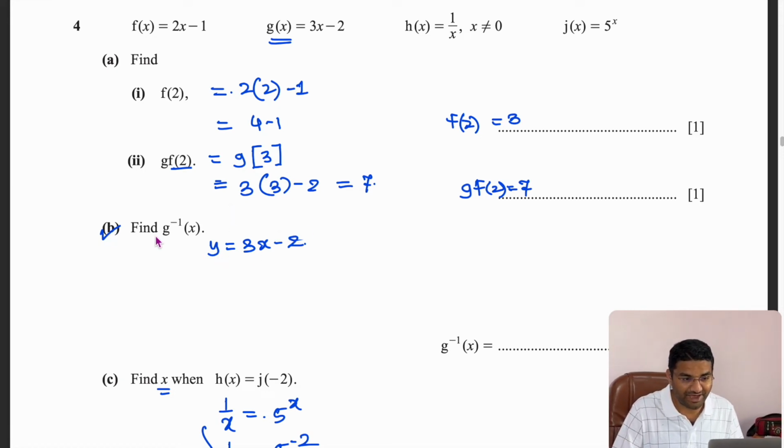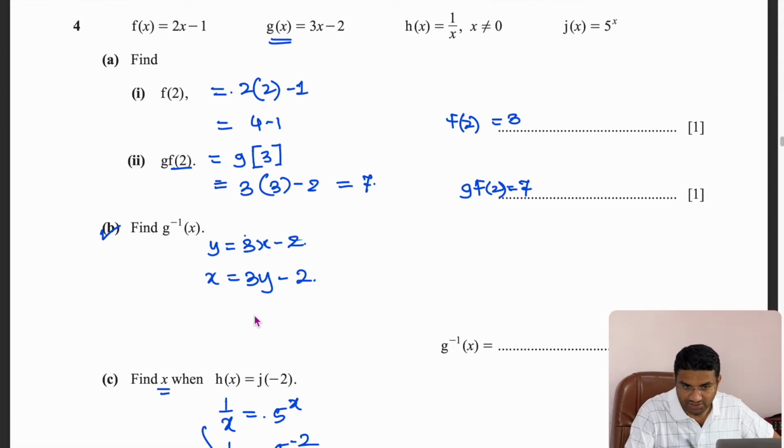Next you have to find g inverse of x, right? To find g inverse of x, we have to follow three specific steps. You have to interchange the x and y values. So here x is equal to 3y minus 2.